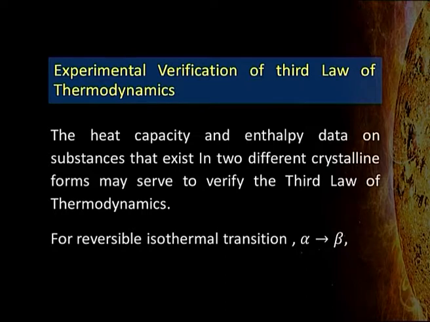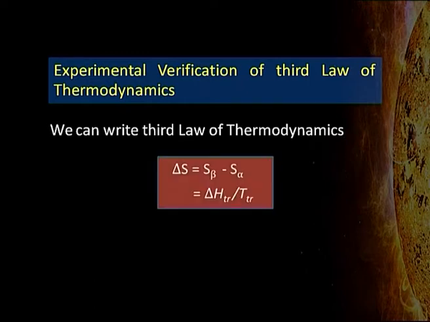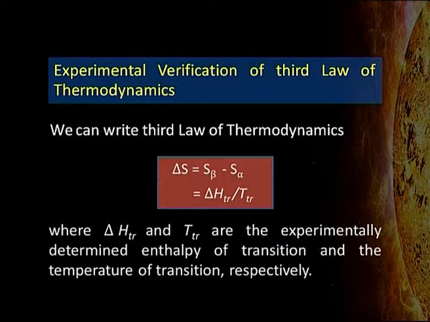For the reversible isothermal transition alpha to beta, we can write, according to the third law of thermodynamics, delta S is equal to entropy of beta form minus entropy of alpha form, which is equal to delta H Tr divided by T Tr, where delta H Tr and T Tr are the experimentally determined enthalpy of transition and the temperature of transition respectively.